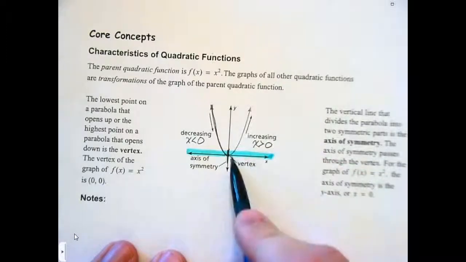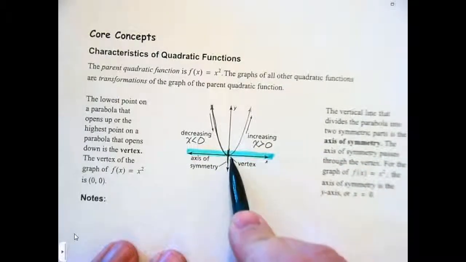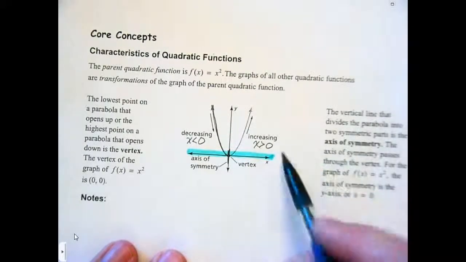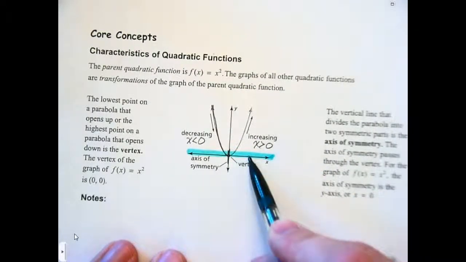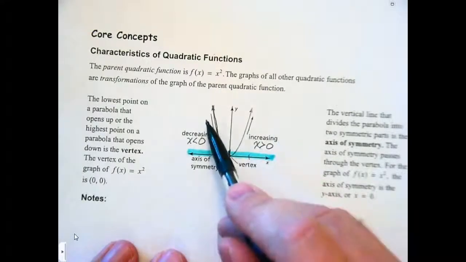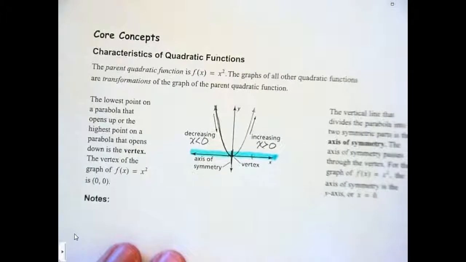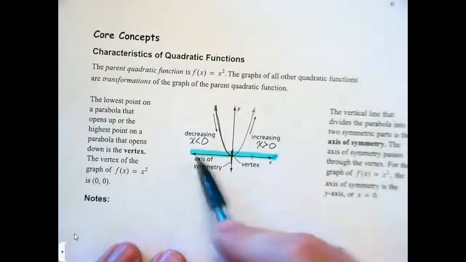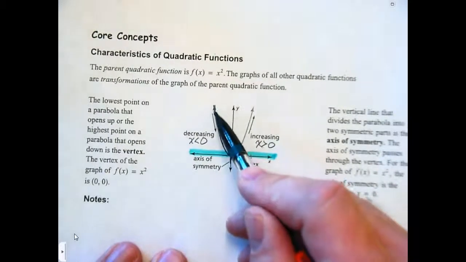So some of us will say, well, when it's positives, it's increasing. When it's negatives, it's decreasing. But you want to use this terminology because it's not always 0. If the parabola is over here, then it might be increasing when x is greater than 4 and decreasing when x is less than 4. Still you're measuring it based on here. So on this side, your graph's falling.